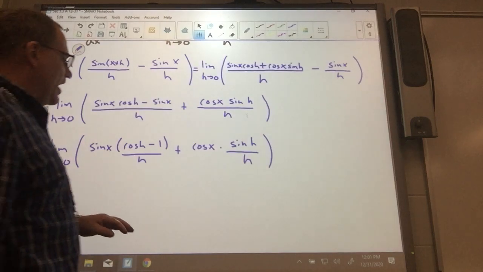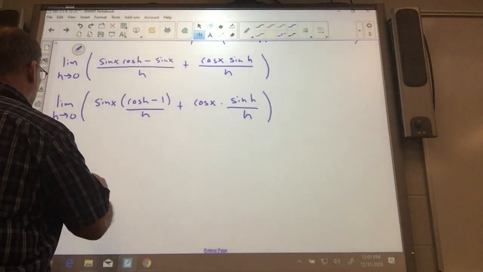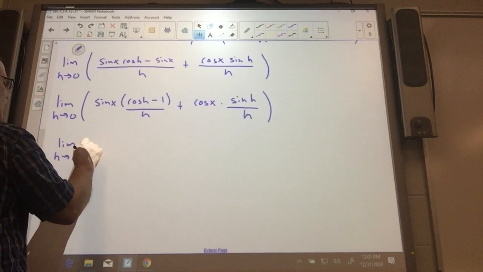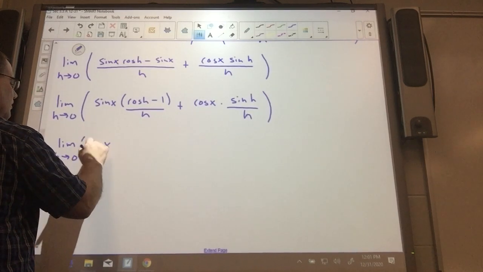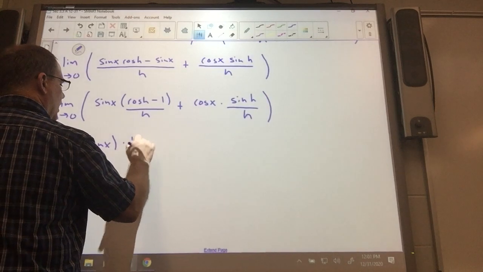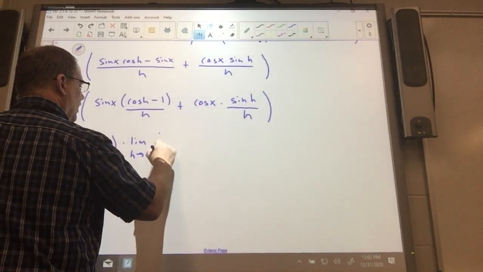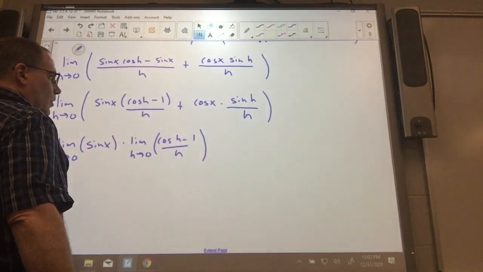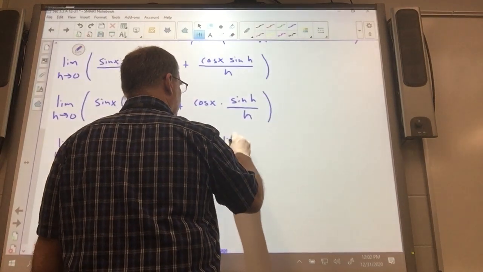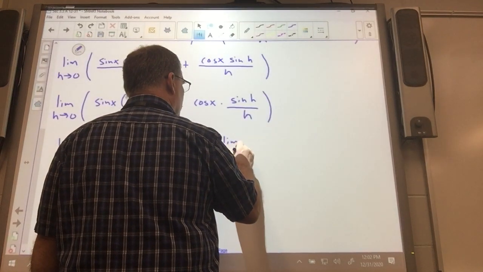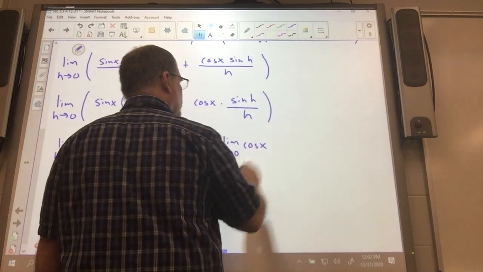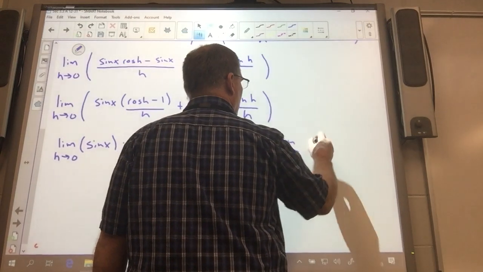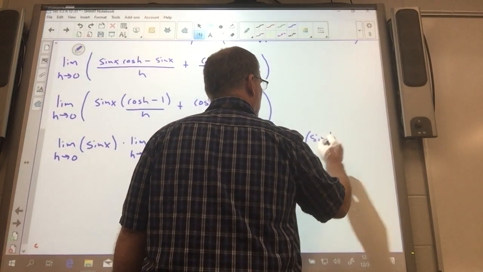But essentially what we're going to end up with here is we're going to break this apart into the limit as h approaches 0 of the sine of x, times the limit as h approaches 0 of the cosine of h minus 1 over h, plus the limit as h approaches 0 of the cosine of x, and then that's going to be times the limit as h approaches 0 of the sine of h over h.